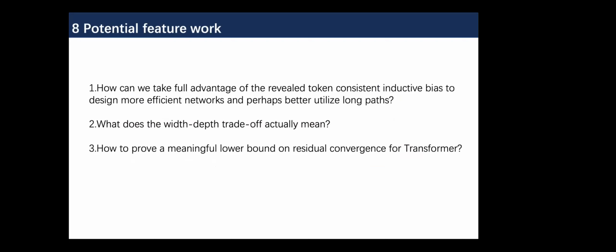And what about the potential future work? First one is how can we take full advantage of the revealed token uniformity inductive bias to design more efficient networks and perhaps better utilize long paths.